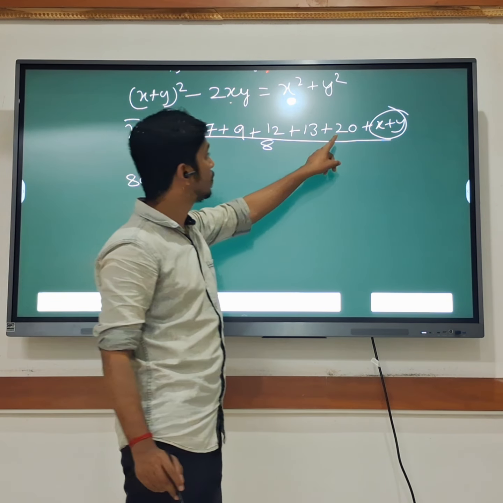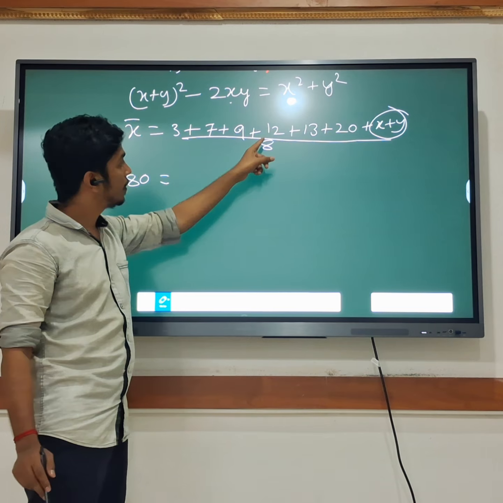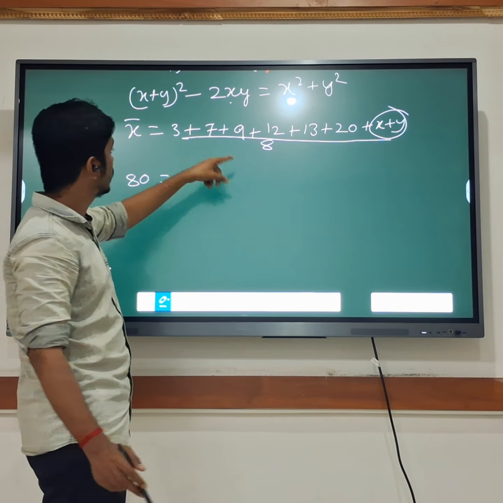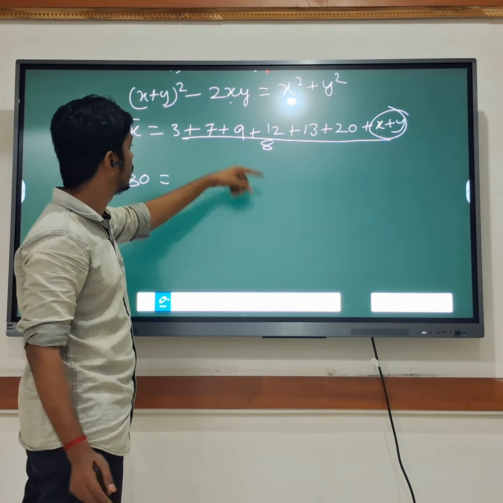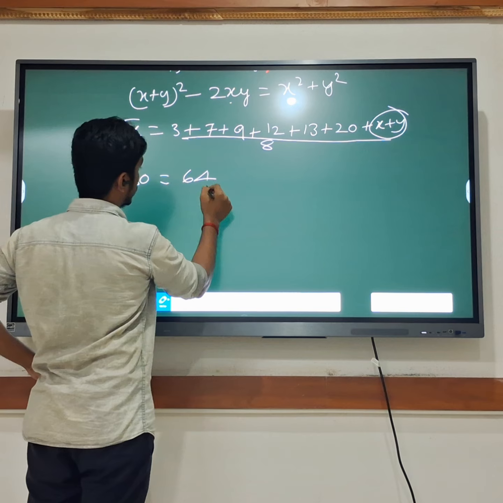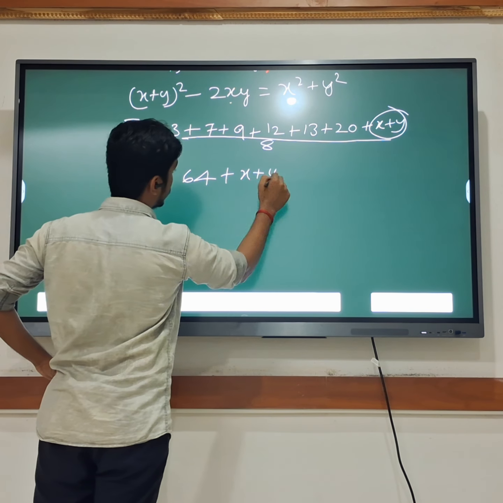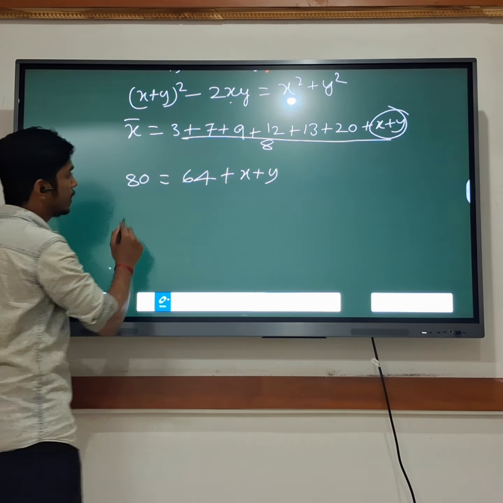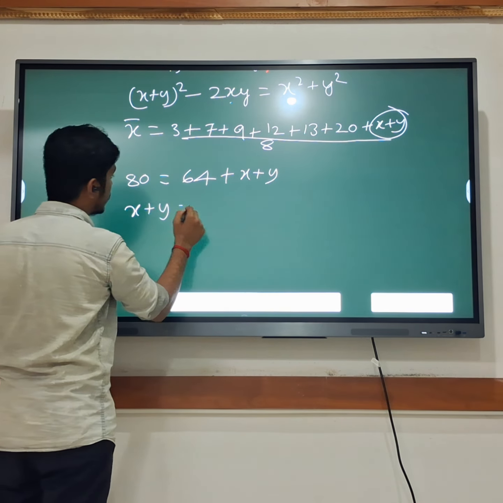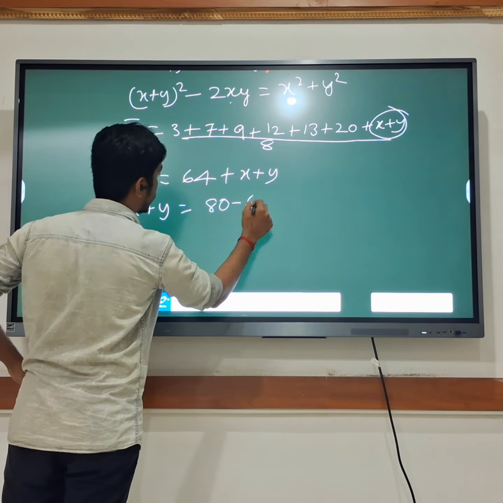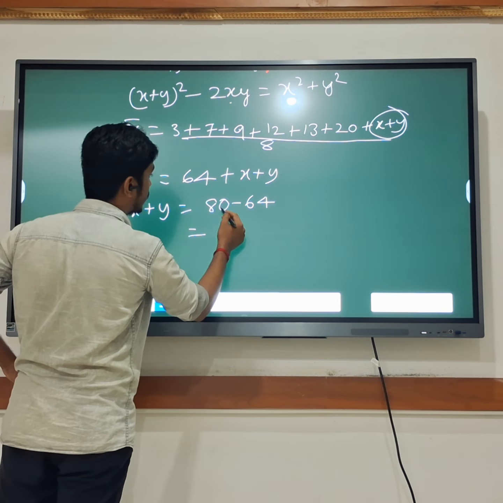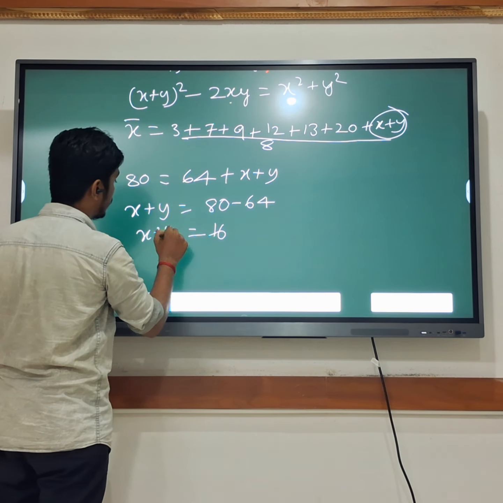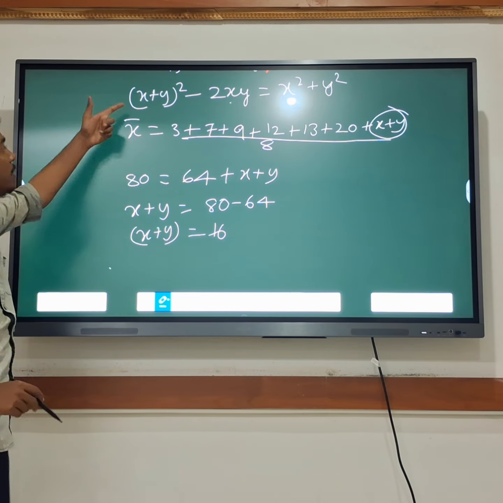Then add all of this: 20 plus 30, 30 plus 12, 55 plus 9, 64. How much? 64, plus x plus y. Right. Now we will see x plus y is equal to 80 minus 64, which is 16. X plus y is equal to 16. Just put it in.